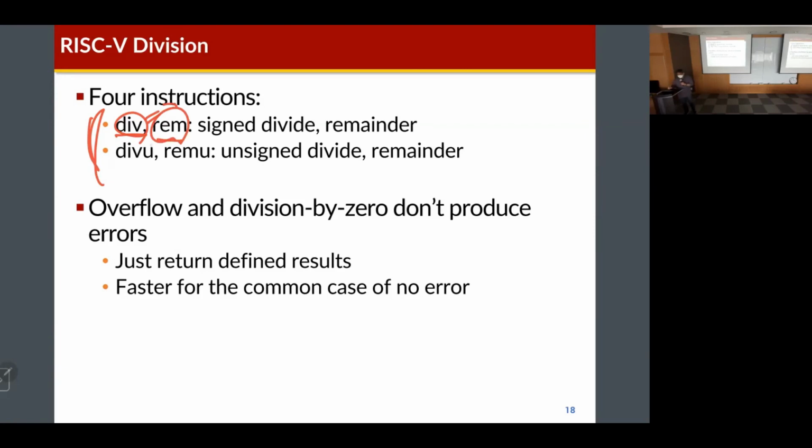Also, division can be performed for unsigned numbers, like DIVU or REMU. And usually, if the dividend is divided by 0, it is an error, but RISC-V does not raise the error. This is a unique feature of the RISC-V ISA.